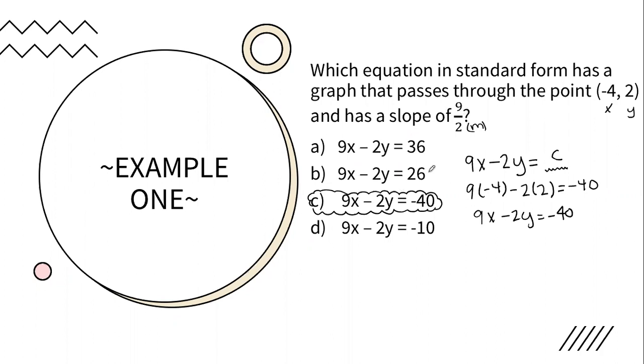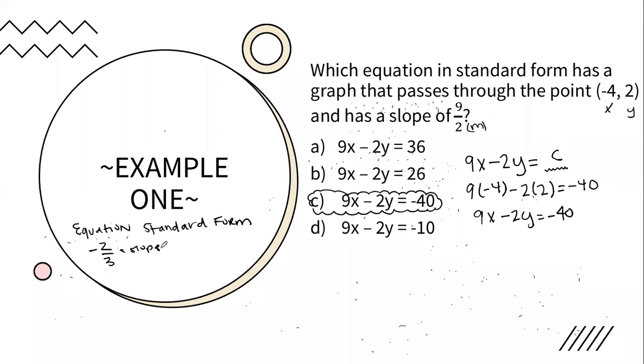Let's do another example. Let's say I had a graph, and I'm looking for the equation of that graph in standard form that has a slope of -2/3 and goes through the point (1, 7).